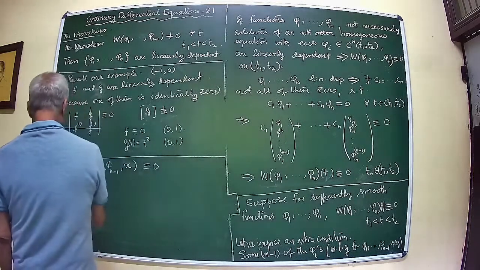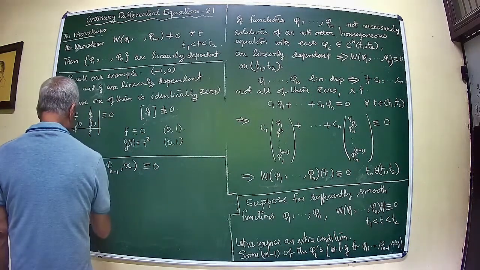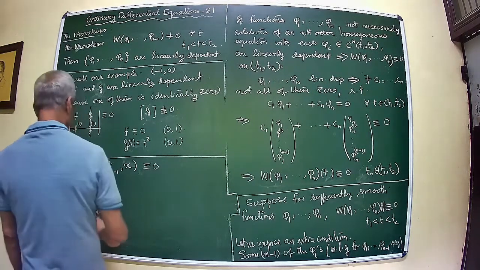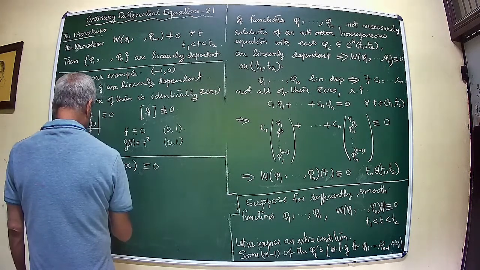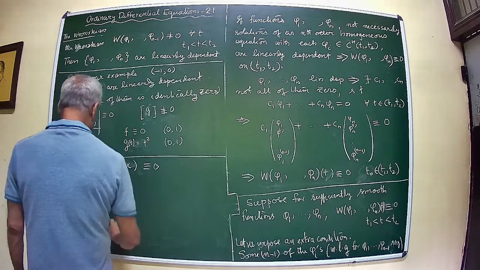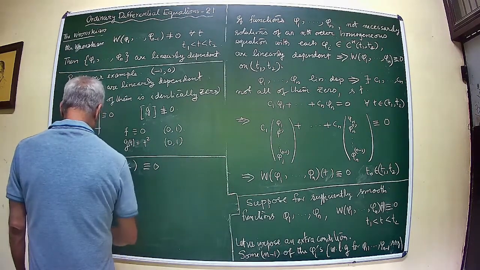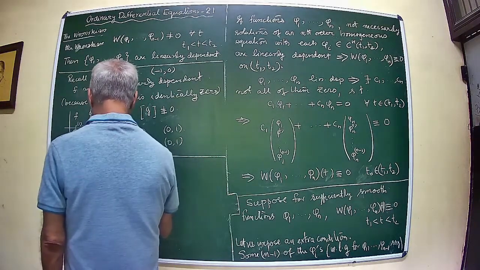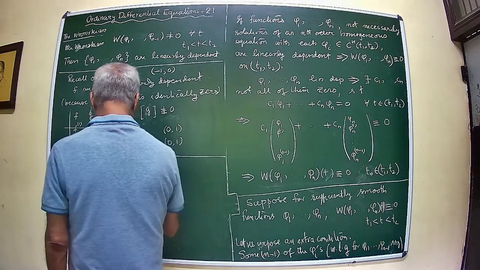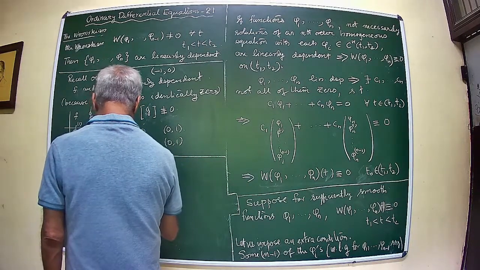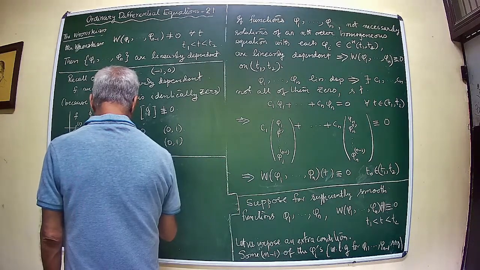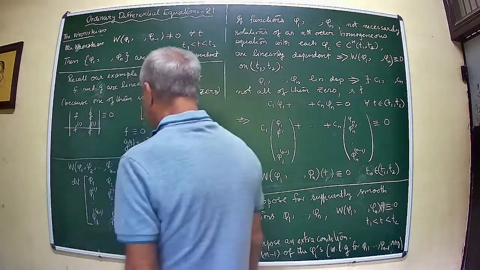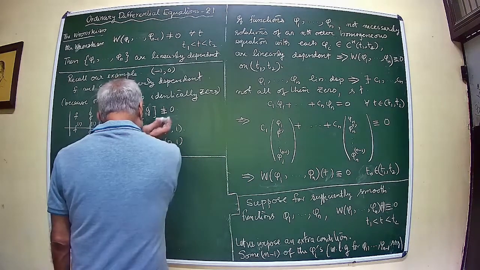This says you have determinant of phi n minus 1, phi n minus 1 first derivative, then the last one is x.